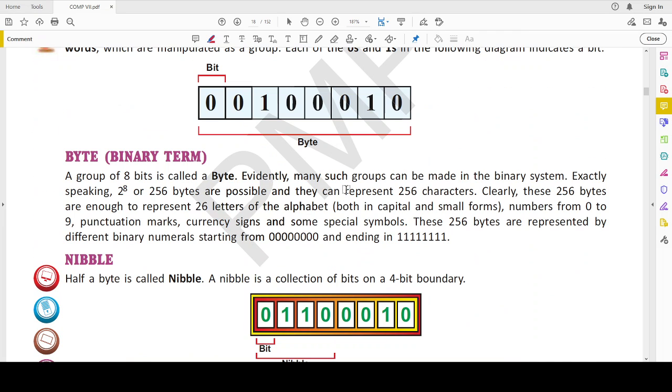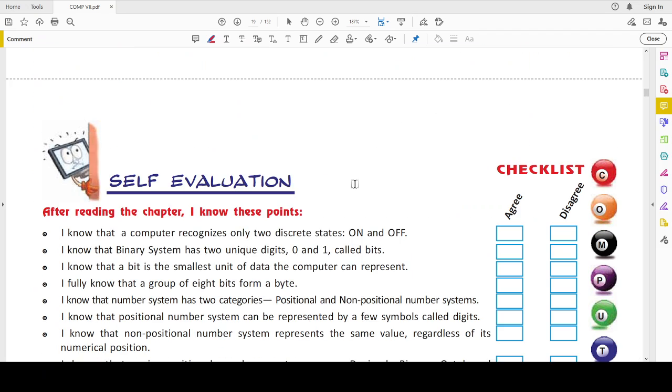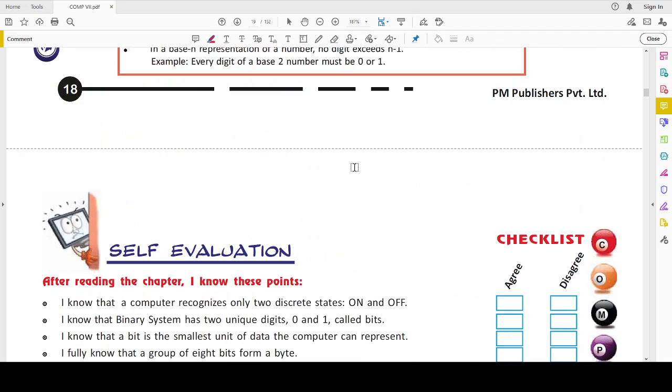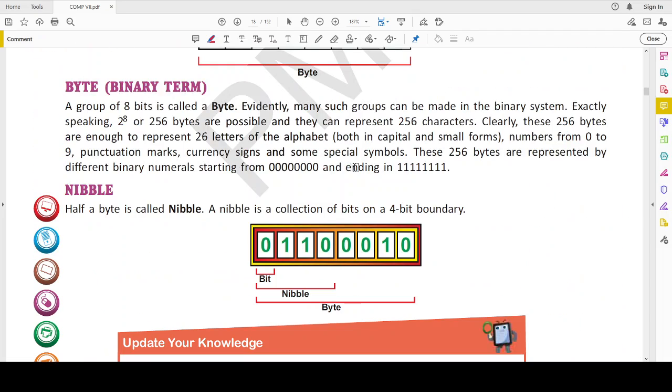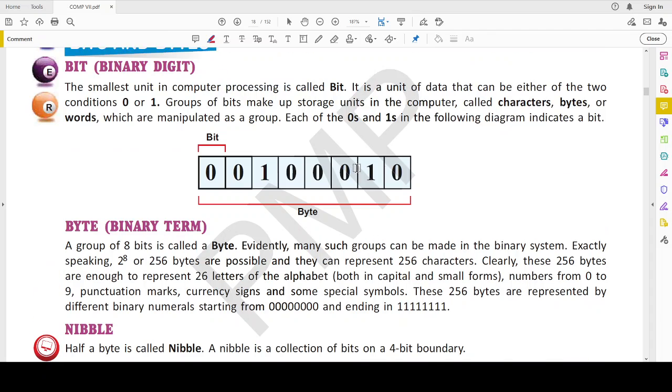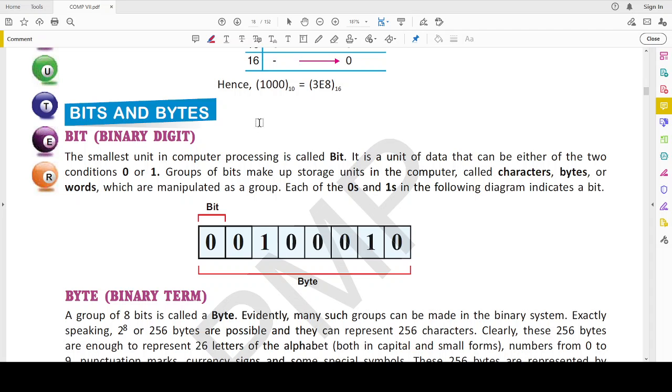Next you see bit, byte and nibble. We have already discussed bits, bytes and nibbles. Let's see what is there. The smallest unit in computer processing is a bit.